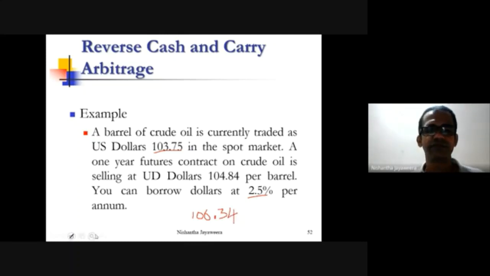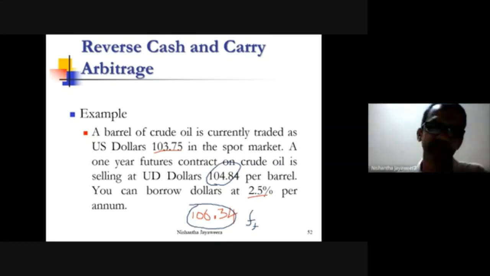Now what we have to do is compare these two prices, the futures fair price and the futures market price.